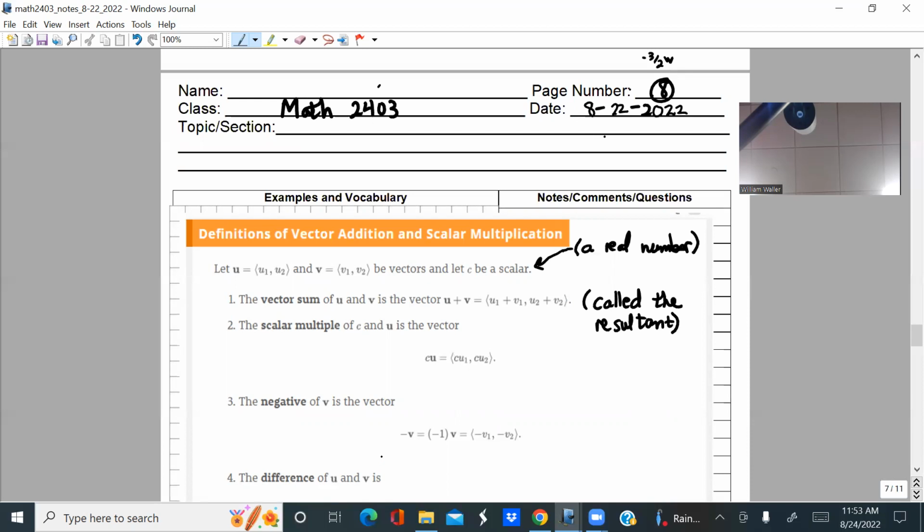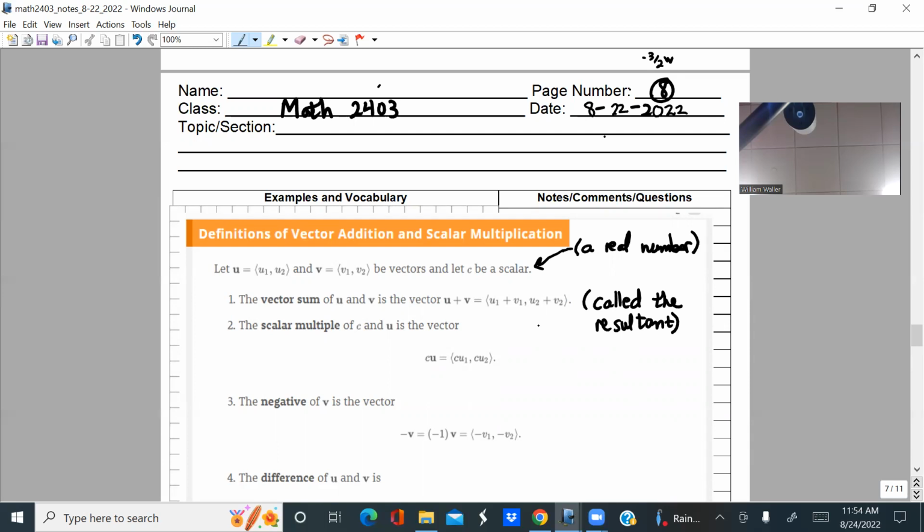Now, we're going to be doing other types of operations with vectors that also kind of look like multiplication, but they're going to be slightly different. Scalar multiplication is one multiplication operation that we perform with vectors, but that's not the only one.